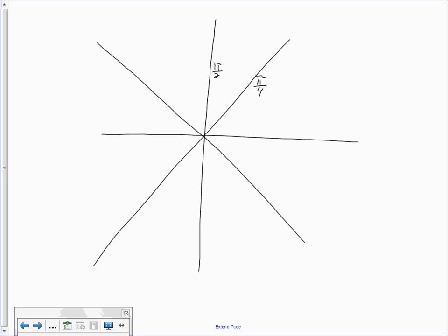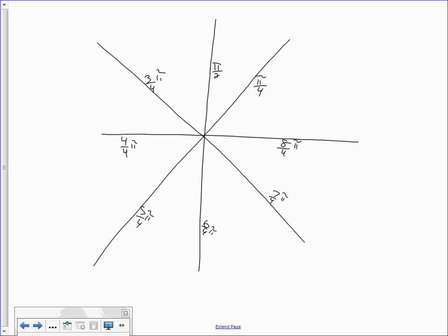Remember the trick when you're going up by fourths? 1/4, 2/4, 3/4, 4/4, 5/4, 6/4, 7/4, and 8/4. All you did then was just simplify your fractions.